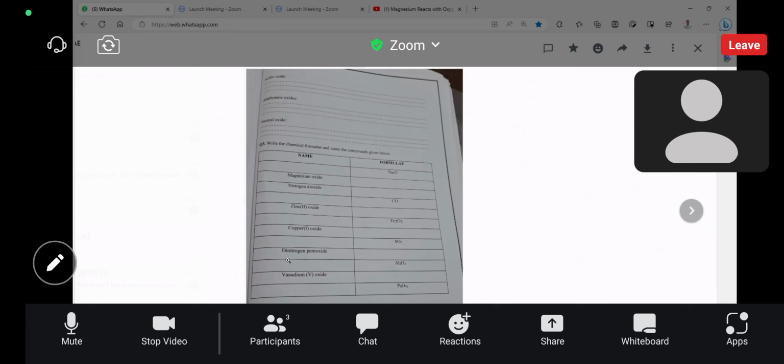Now they asked to write the chemical formula of dinitrogen pentoxide. Nitrogen and oxide, so N and O. Now tell me the numbers. Before nitrogen we have di, so we put 2 here, and before oxide we have penta. Penta means 5. N2O5.